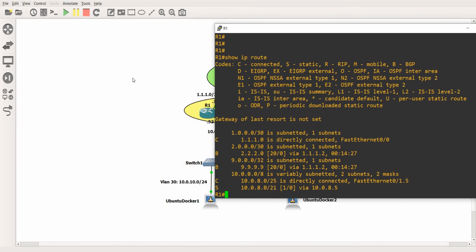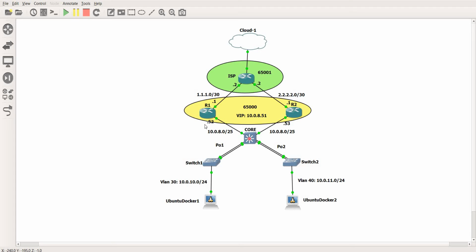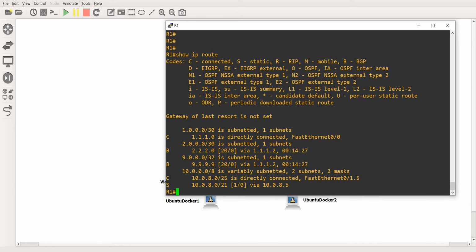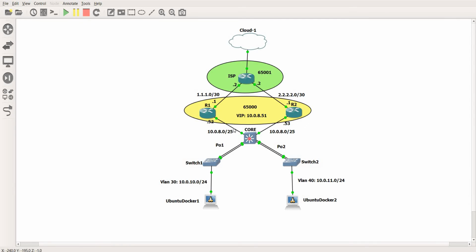So let's say, this is the topology that I've been using in my videos for the last three videos that I have created. So here, basically we have R1, R2.